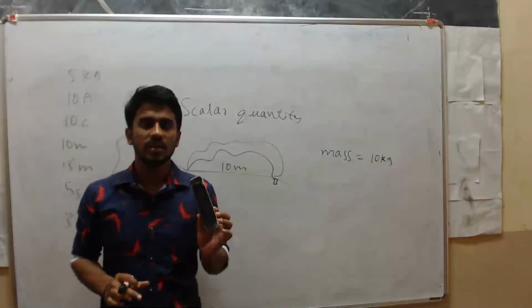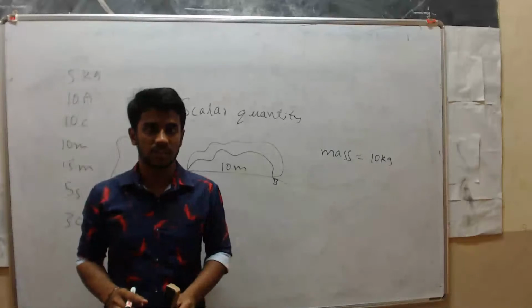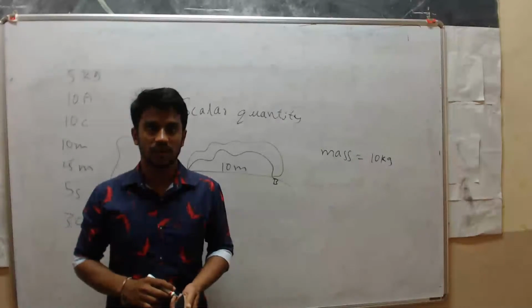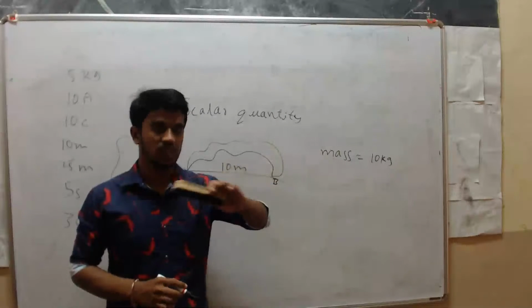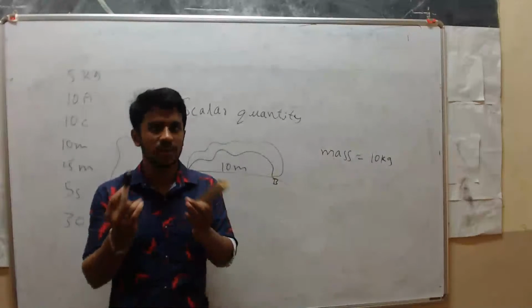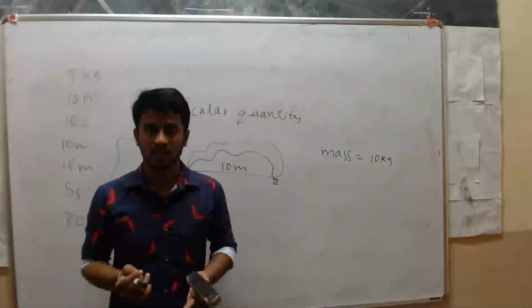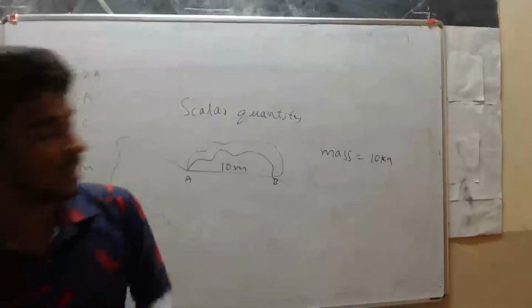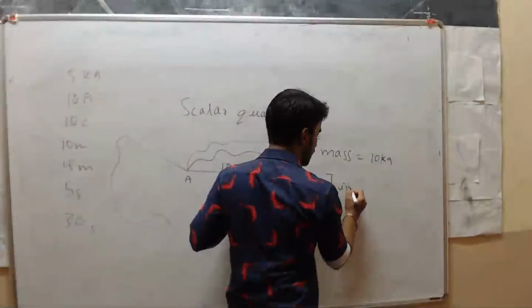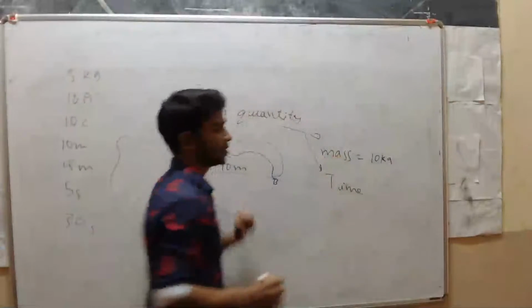We don't want any direction here. Clear? For example, if I ask what's the time taken to travel from A to B, you will say 10 seconds. You just need a time, you don't want any direction. So that's why mass is an example for scalar quantity and time is also a scalar quantity.